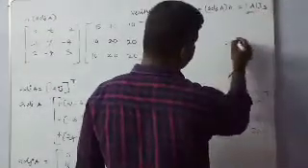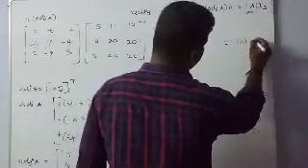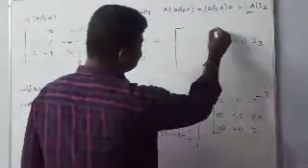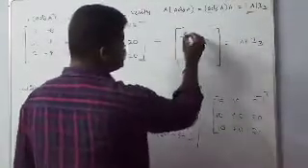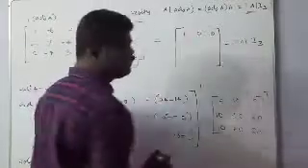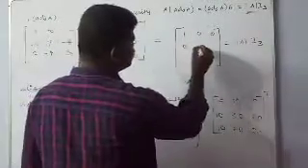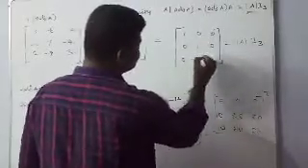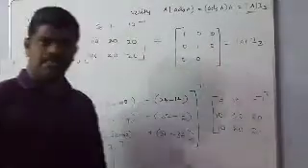Determinant of A into I3. You know the I3 value. I3 means 1 0 0, 0 1 0, 0 0 1. This is the I3 matrix.